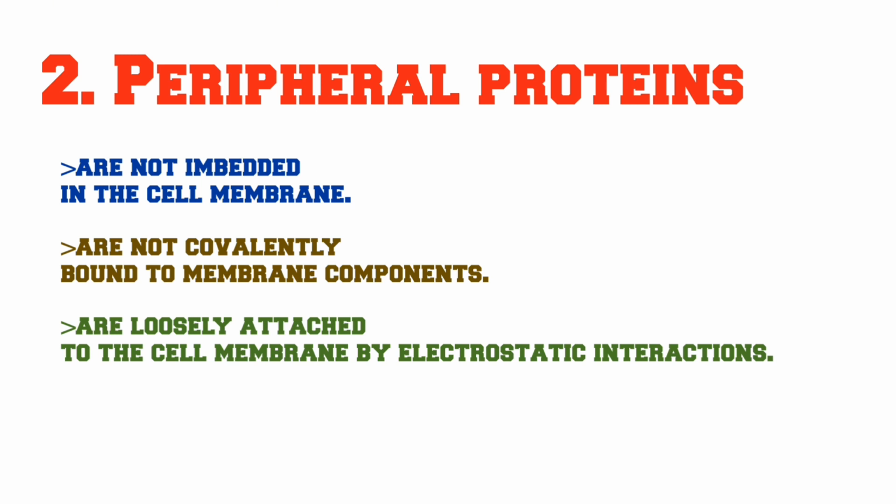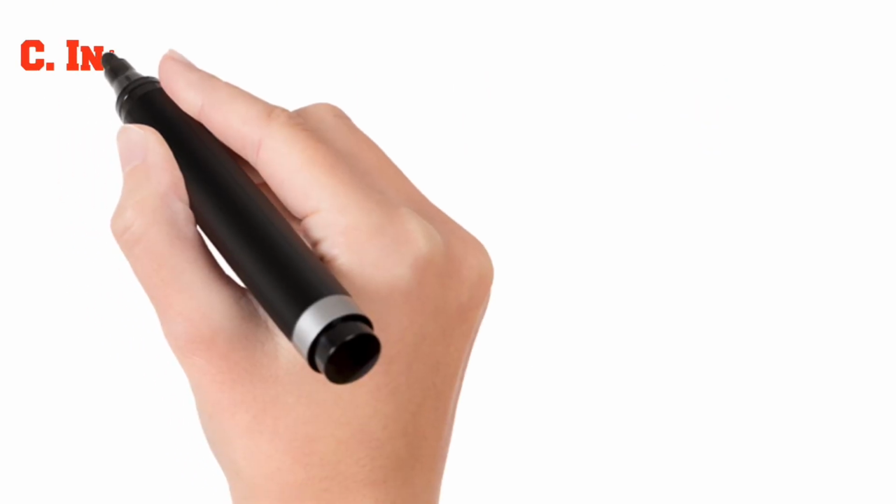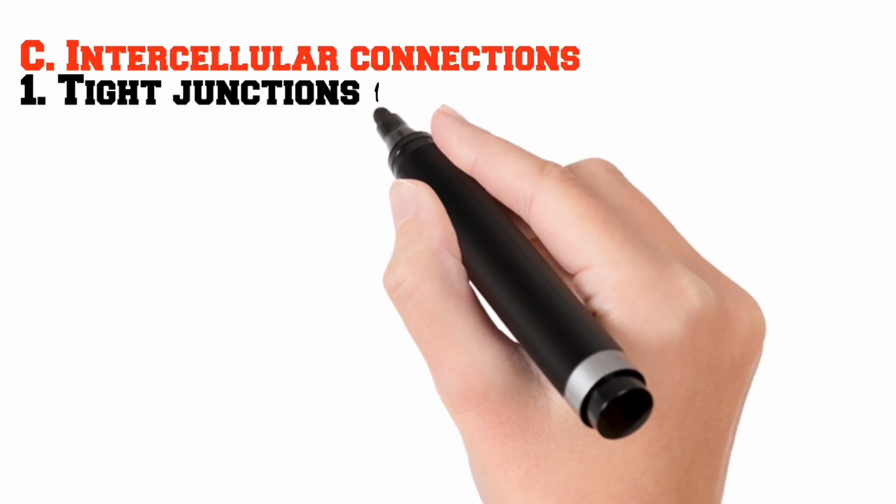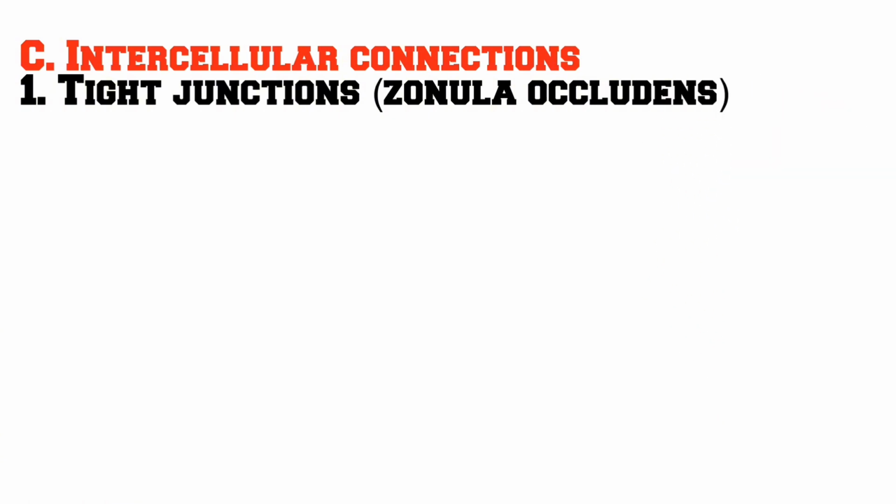In the cell membrane, there is also one thing which we call the intercellular connection. It is the connection between two cells by which they communicate with each other, which is called tight junction or zonula occludens.